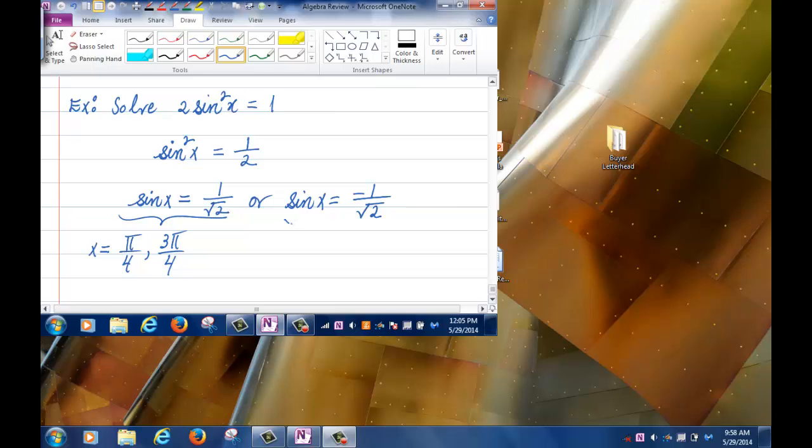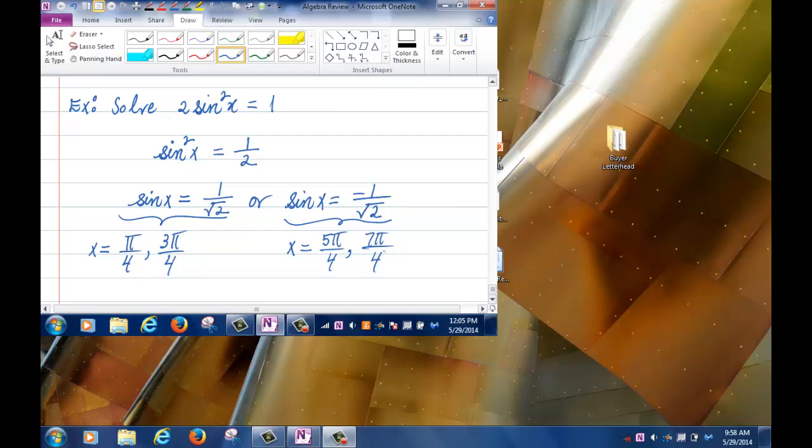Thanks. How about this one? What is x? What are the possible values of x there? 5 pi over 4, and what else? 5 pi over 4 and 7 pi over 4. You guys agree with that? Again, look at the circle handout.